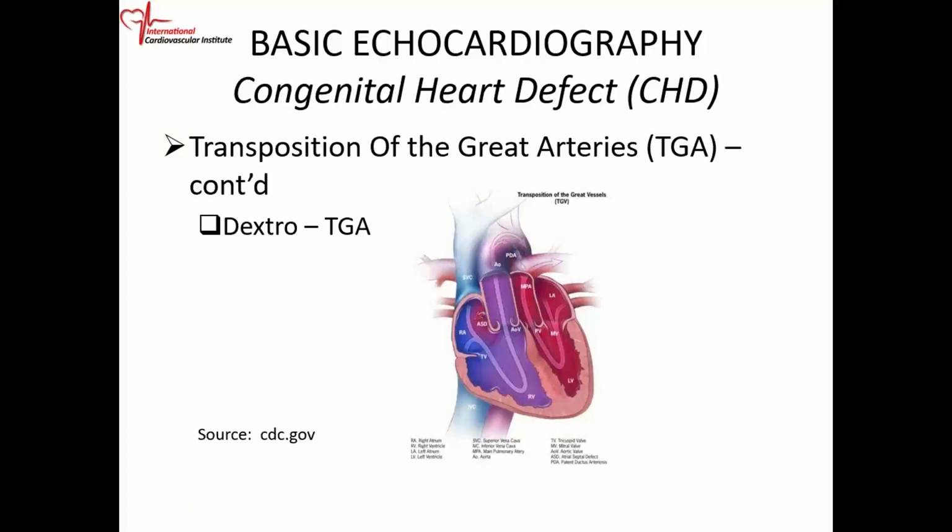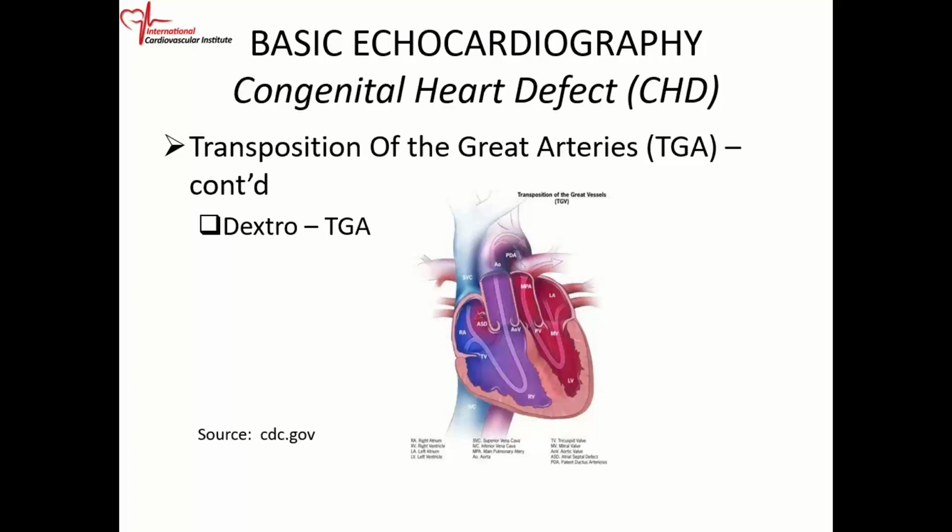That's not really compatible with life unless there's some admixture. And then on the left side, you get the pulmonary veins draining to the left atrium, the left ventricle, and then through the pulmonary circuit to the lungs. So it's going to become oxygenated again, and it's going to come back. So that's not going to achieve anything.